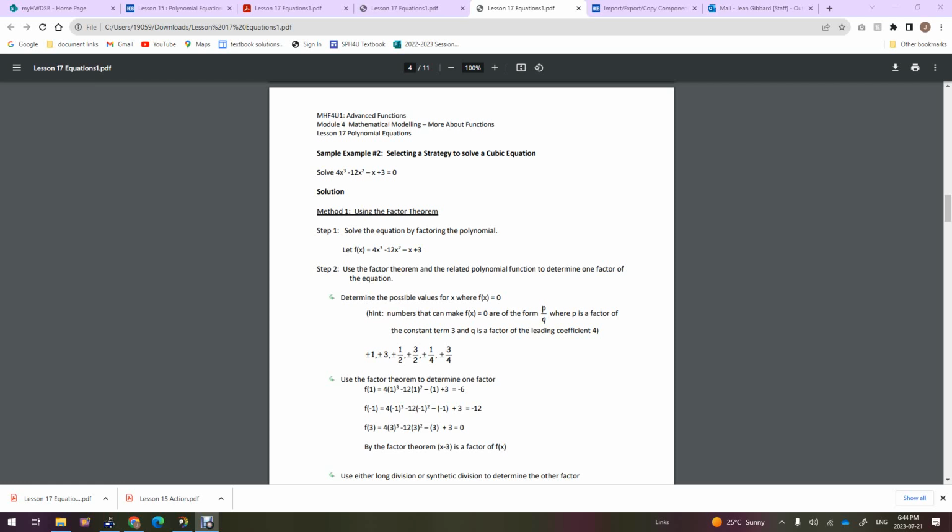So we'll start at the left and we will try the factor 1. No, it came out to -6. We'll try the factor -1. No, came out to -12. Let's try 3, which is next. And when we substitute in 3 to the equation and get 4 times 3 cubed minus 12 times 3 squared minus 3 plus 3, it works out to 0.